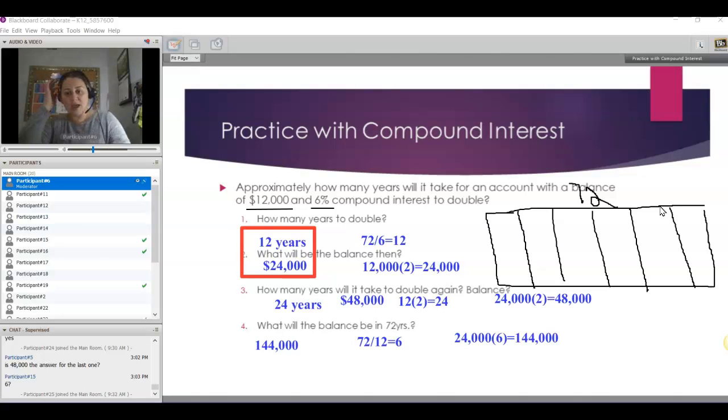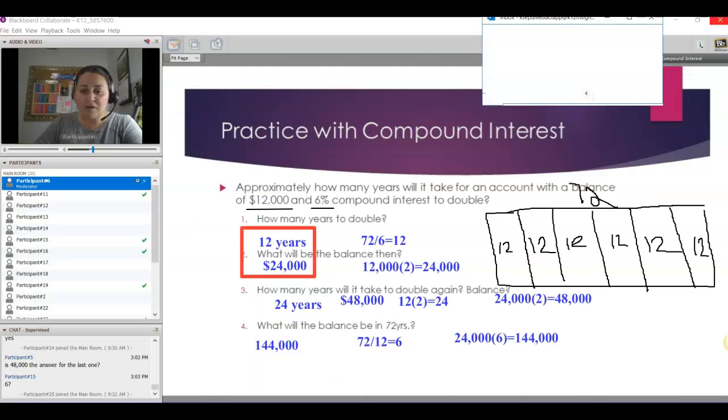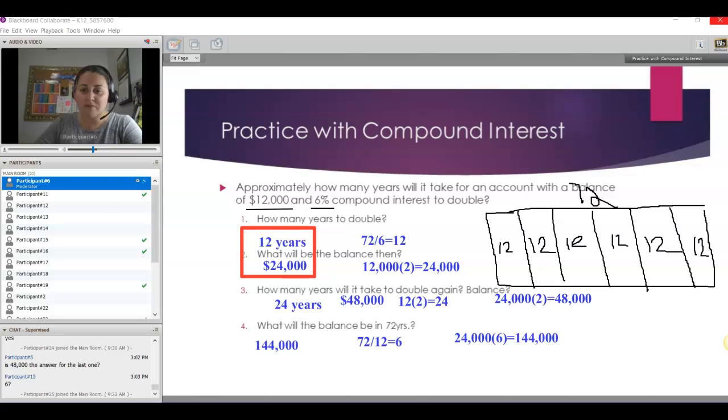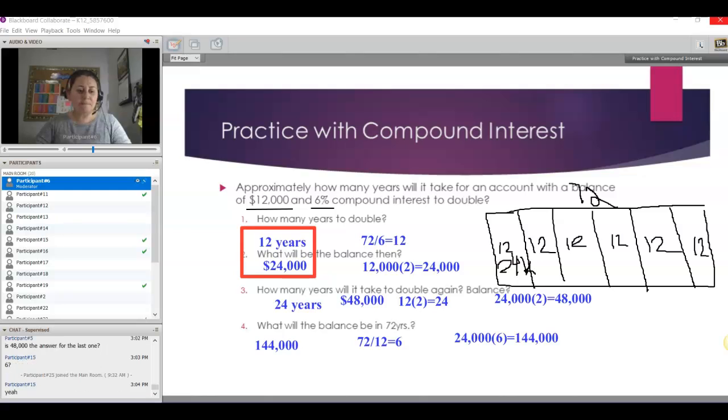Okay, so now I have 12, 12, 12, 12, 12, and 12. Each one of these 12s is 24,000, right? 24K. You see where I'm getting this 24,000 times 6? Does that make sense? Okay, good. That's how you do this compound interest.